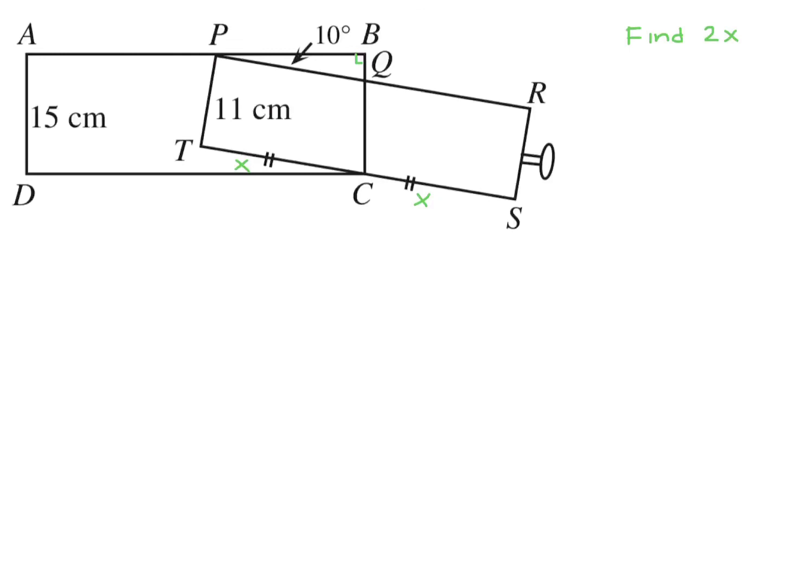So the rest I'm going to have to put in some variables. So far I put in the x's. This one here, from B down to Q, BQ, I'm going to call that guy y, because that's definitely going to be needed. And then that means that Q down to C is 15 minus y.